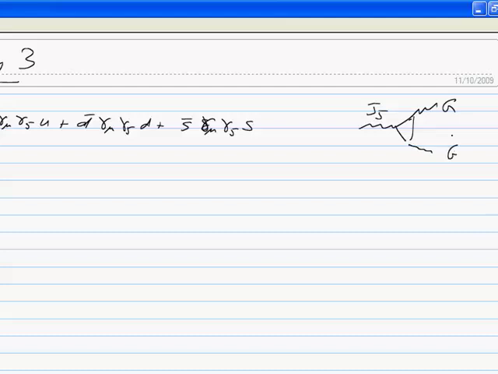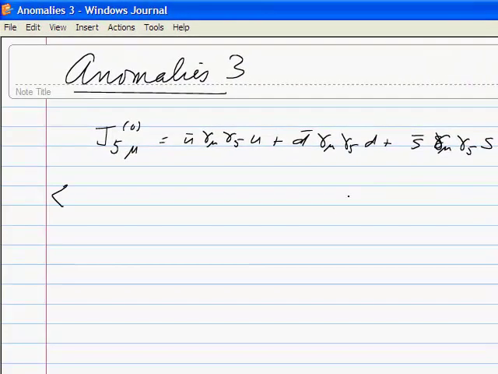Okay. So the matrix element gets defined in the following way. You take the current J5 mu at 0 here, you take a gluon here, a gluon there, labeled by index A, B, the color index.